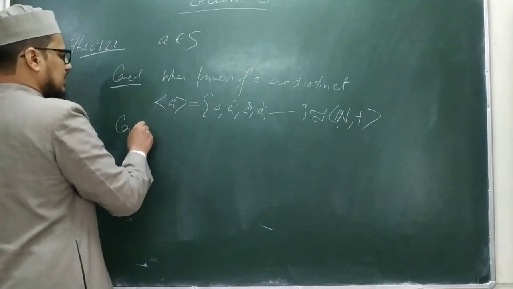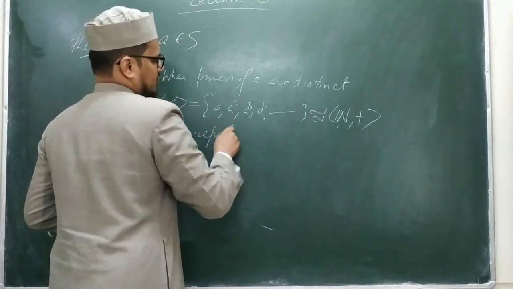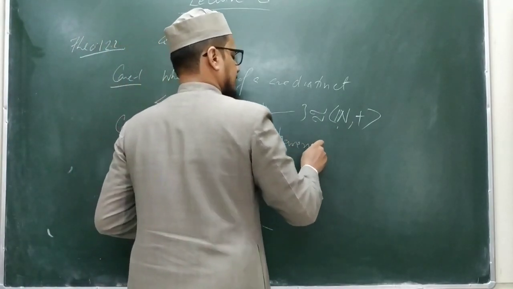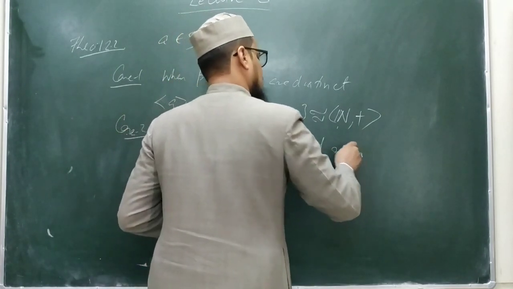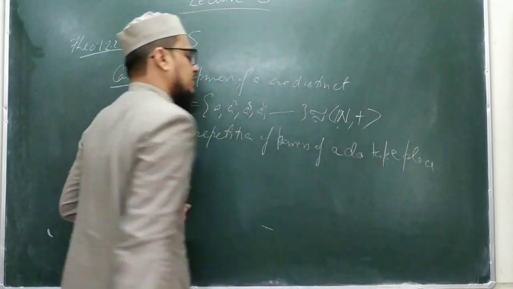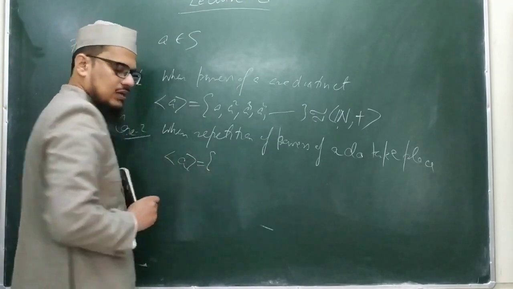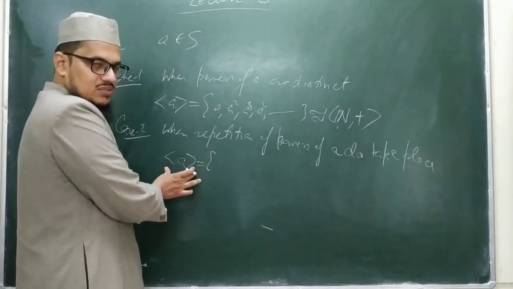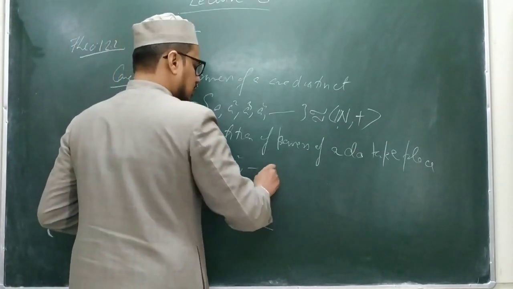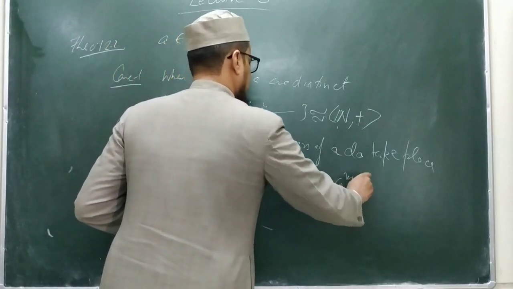In case 2, we have seen that repetition of powers of A does take place. In this case, we get the monogenic subsemigroup generated by an element A, which is equal to A, A square, and so on up to A to the power m, A to the power m plus 1, and so on up to A to the power m plus r minus 1.